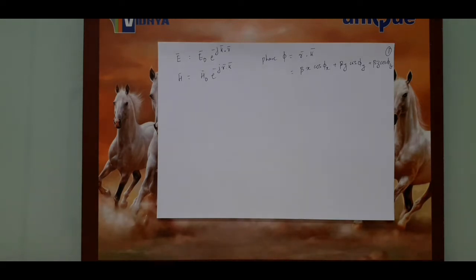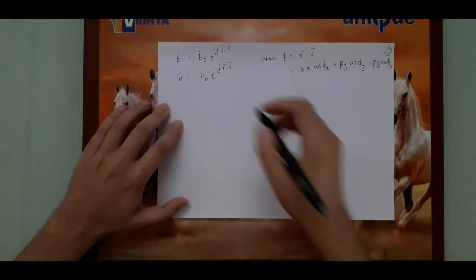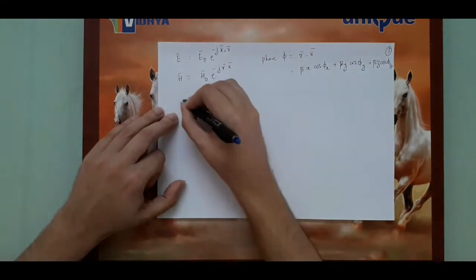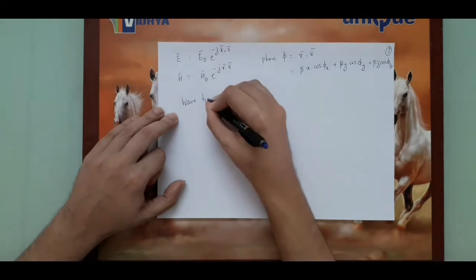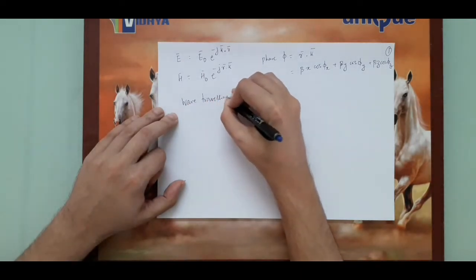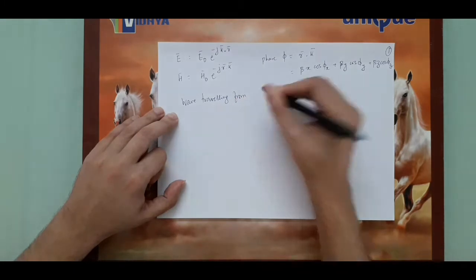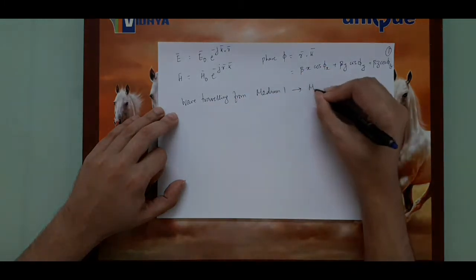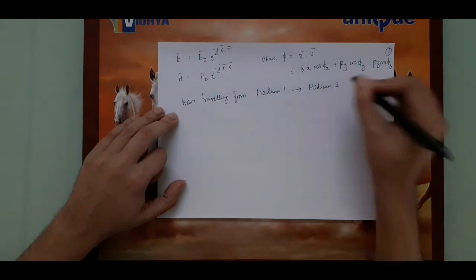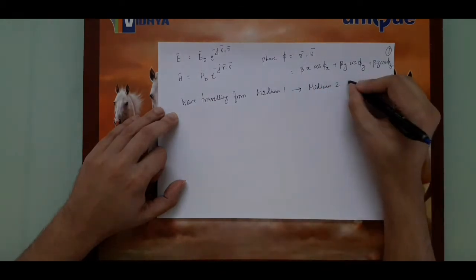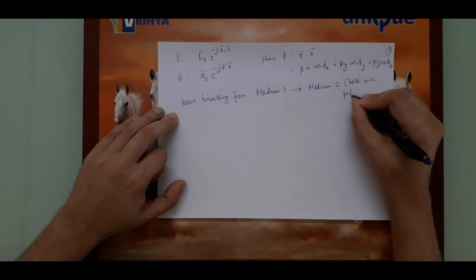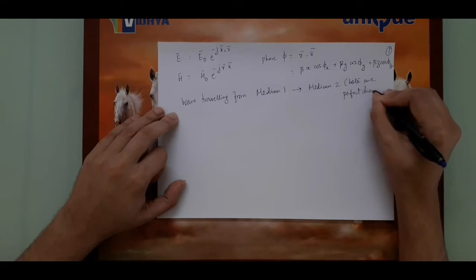So let us take an easy example, or rather the most direct example, of a wave traveling from medium 1 to medium 2, where both are dielectrics or perfect dielectrics.